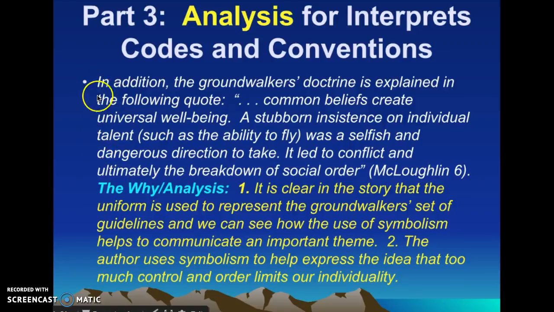Here's your quotation, and here's the why, the analysis, explaining the purpose. The author uses symbolism to help express the idea that too much control and order limits our individuality. Great, perfectly done. So state it, give an example, and then explain the why. Flesh that out in a few sentences in your analysis.